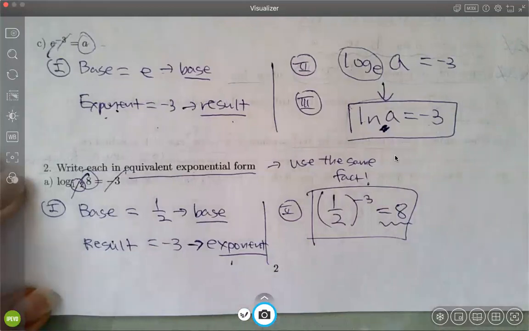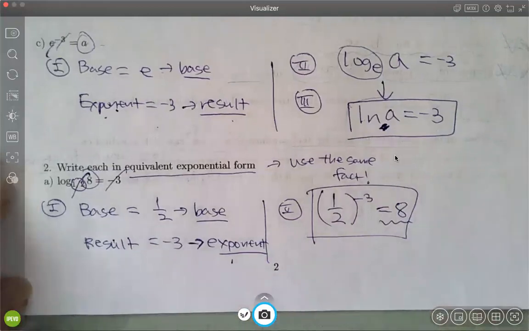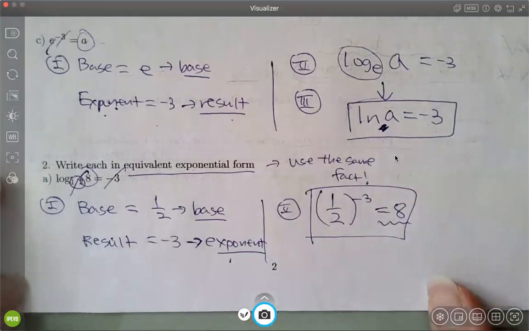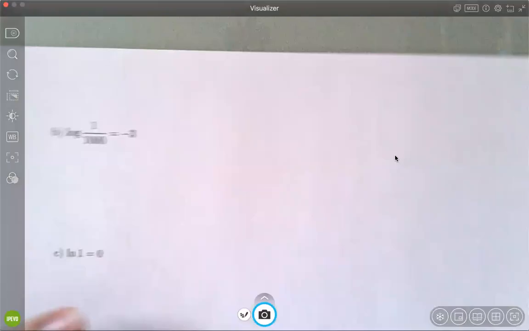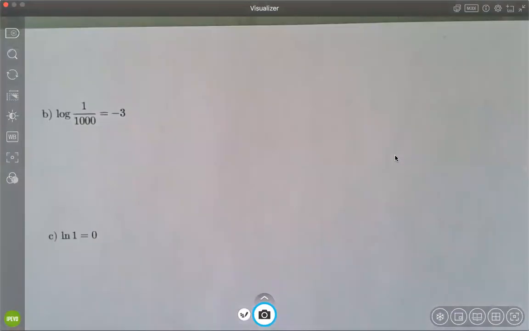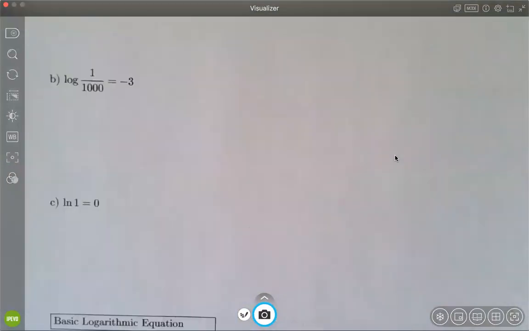And now, part B. Can I go to the next page? Okay, so now part B. So log 1/1000 is equal to -3. So first what do we do?